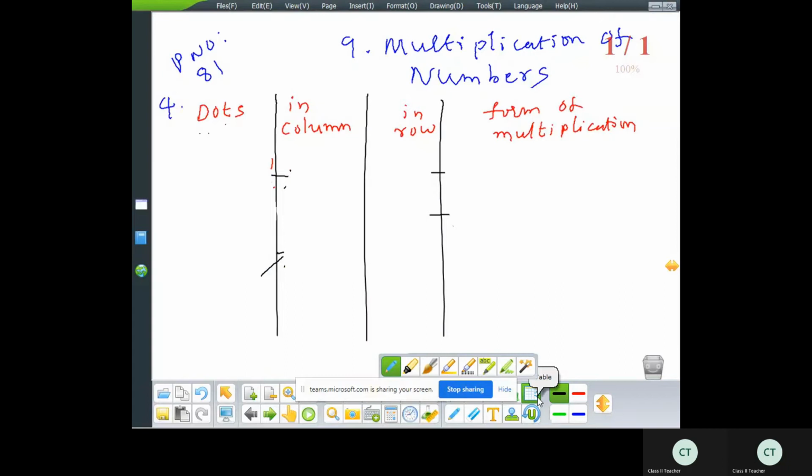Now, here given dots are 1, 2, 3, 4, 5, 6, 7.